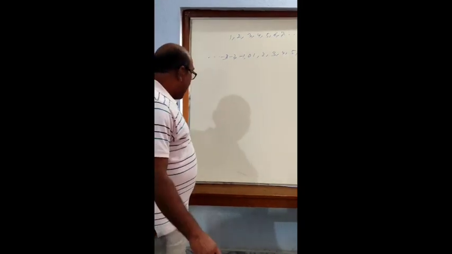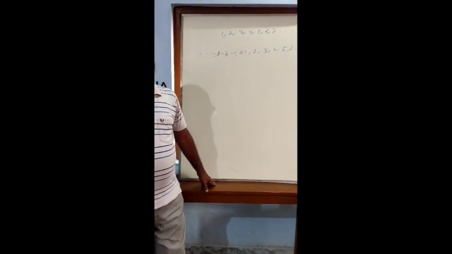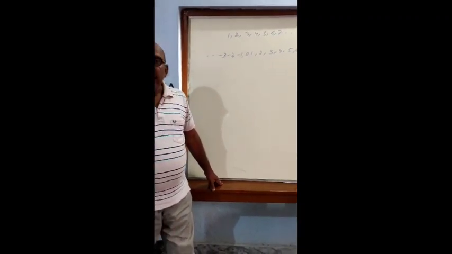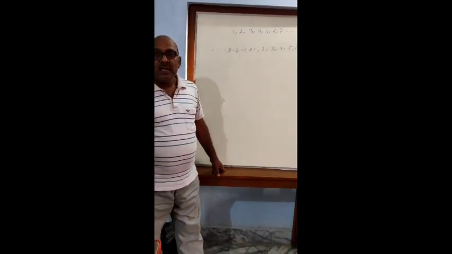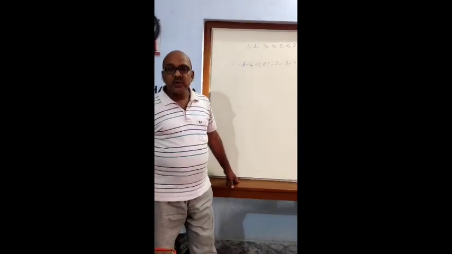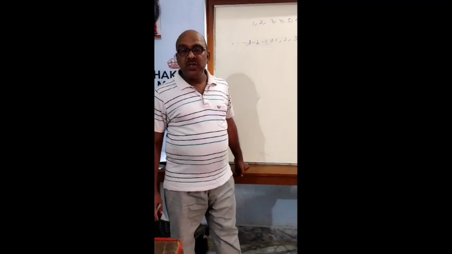Now, we have to learn some properties of integers. As we have learned in previous classes, natural numbers follow some properties, for example the commutative property, associative property, and closure property. Integers also follow these properties.